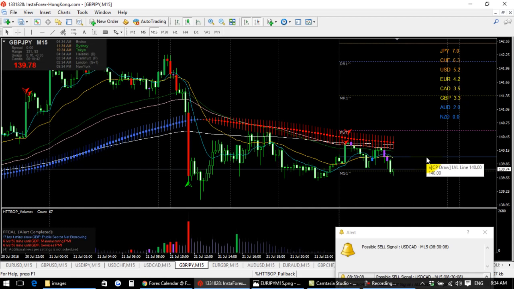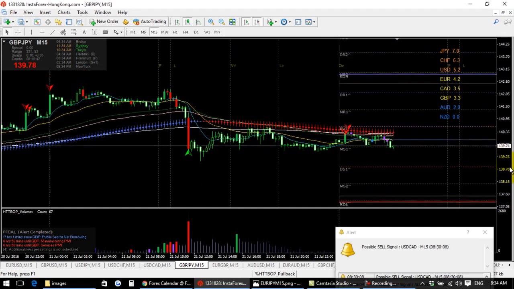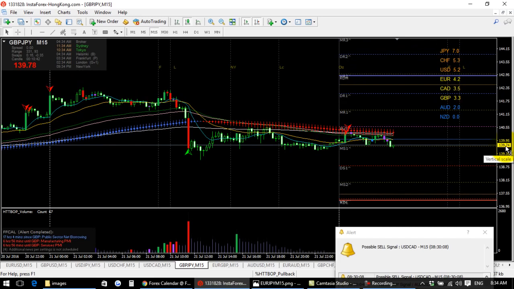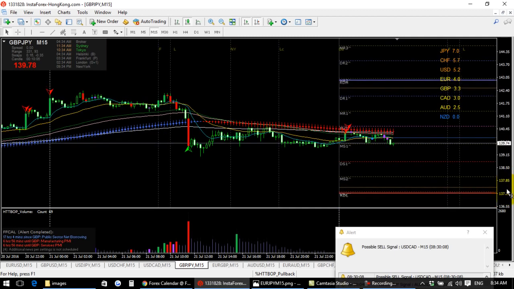Here's another whole number, 140.00, so pay attention to that. There's a monthly support there. You can see what the bid is right now. And we've got a daily support there, monthly support. We've got another half level there, 137.50, and the recent daily low, also with something else over there. So we must pay attention to these levels also.